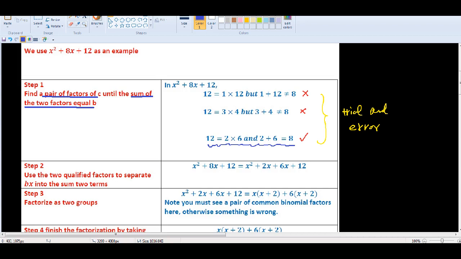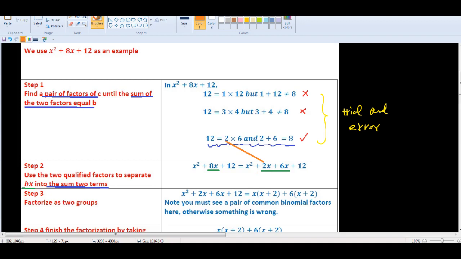So they are qualified factors to separate bx into the sum of 2 terms. You need to separate the middle term. In this case, you need to separate that 8x, the one that I've just underlined, into 2x plus 6x. Do you see that? Where does that 2 come from? Where does that 6 come from? That 2 and 6 come from here.